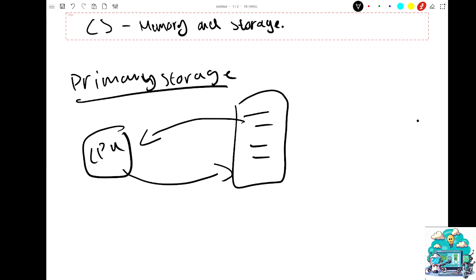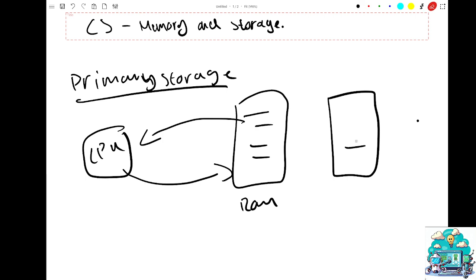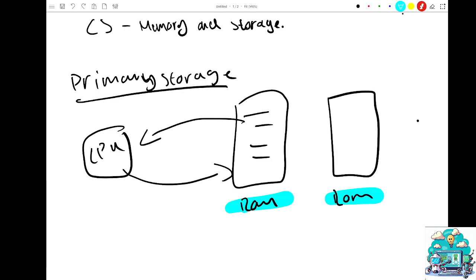As well as RAM, we have ROM. RAM is volatile, which means that it's cleared once the computer has been turned off, and we wouldn't use it as secondary storage because we don't want to be recreating our files over and over again.